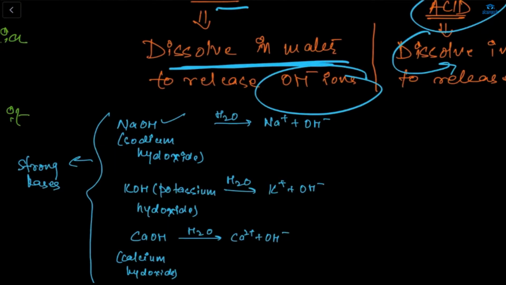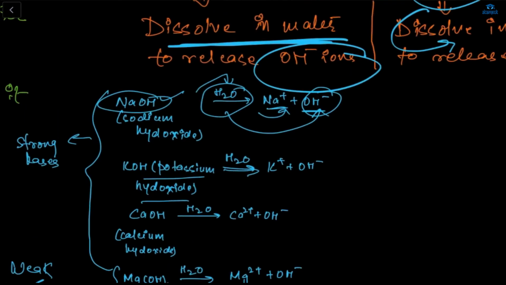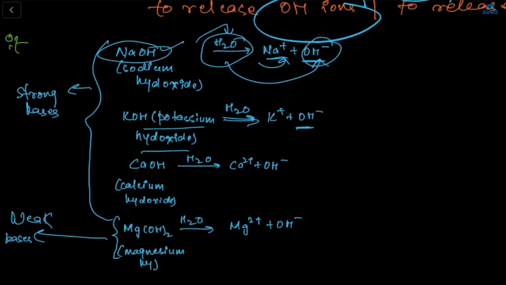If this sodium hydroxide is dissolved in water, H2O, it will form Na plus and OH minus ions, means dissolving in water to release this OH minus ion. Now potassium hydroxide is also dissolved in water to release the OH minus ion and potassium plus, K plus.